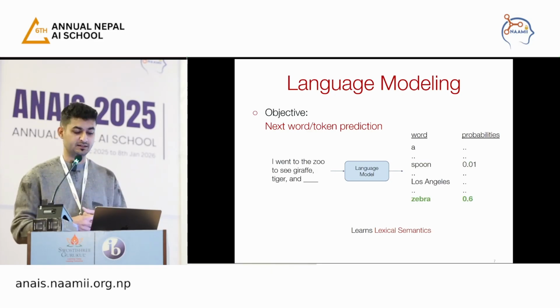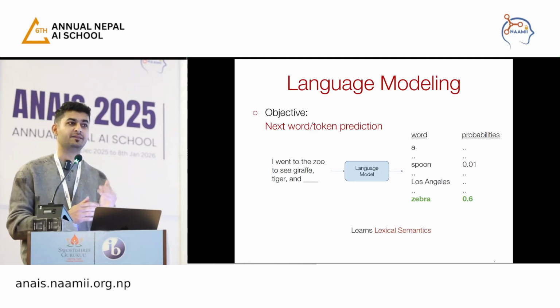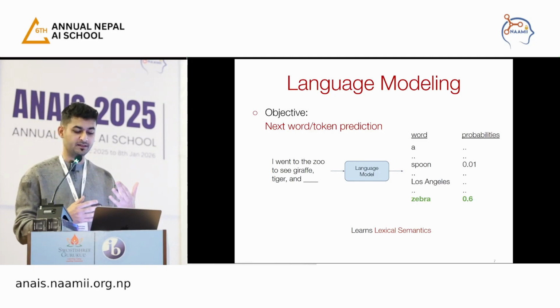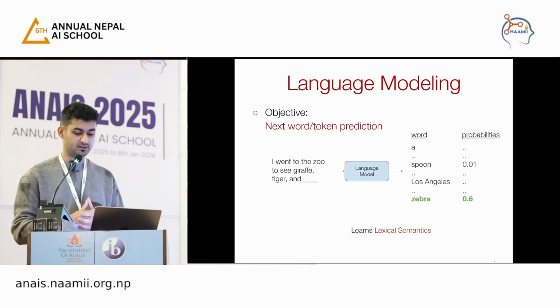We have other examples. In this case, the next word prediction is trying to predict something that can come together with giraffe and tiger, with a zoo in the background. If the model gives a high probability to the word zebra, it is learning lexical semantics, like what kinds of words come together in a sentence according to the context.